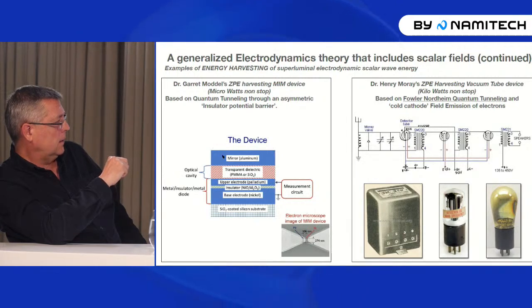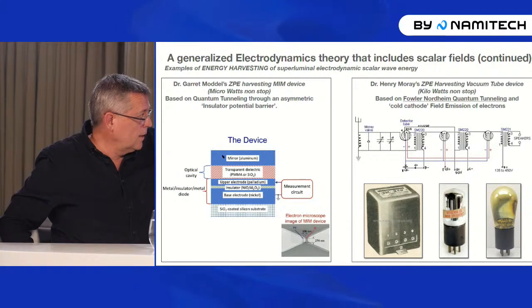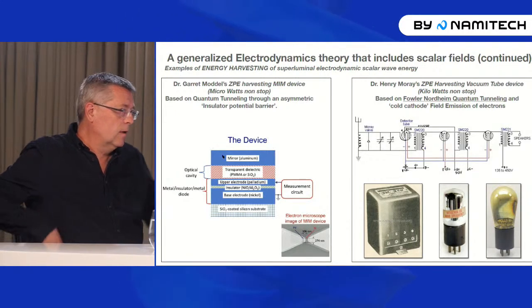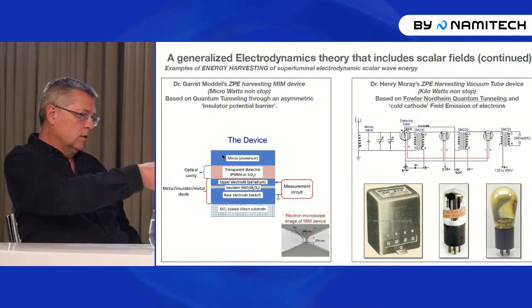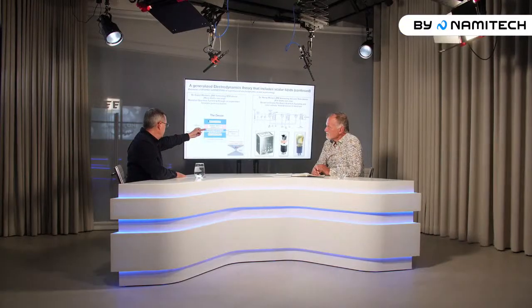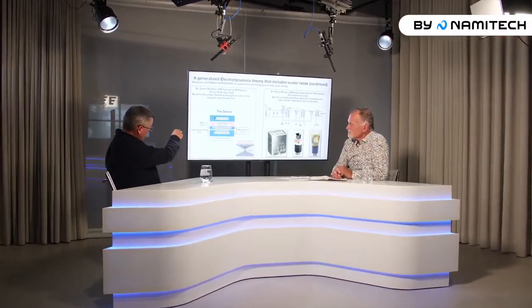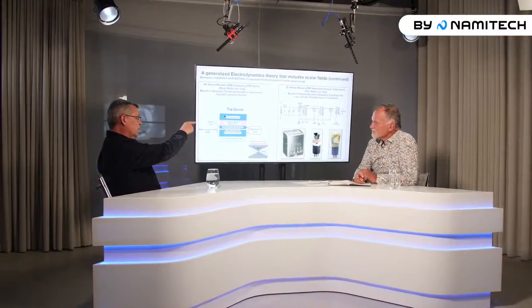And it clearly has a tunneling barrier, this small insulator layer here. Electrons tunnel through this insulator from the upper electrode to the base electrode, and then the electrons can flow back through the measurement circuit to the beginning.